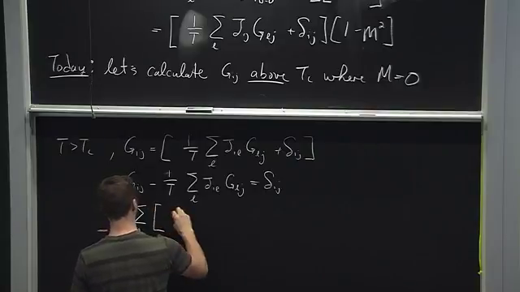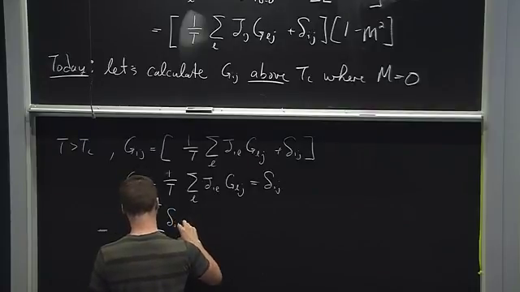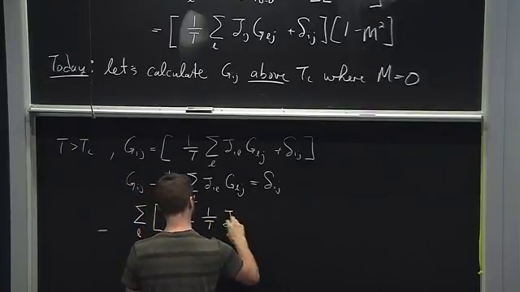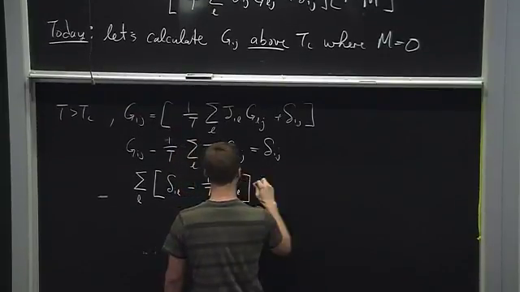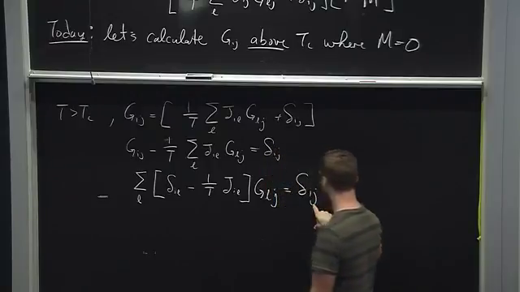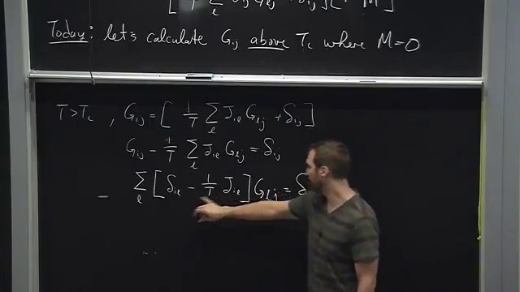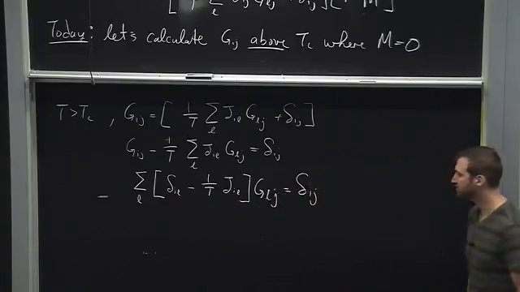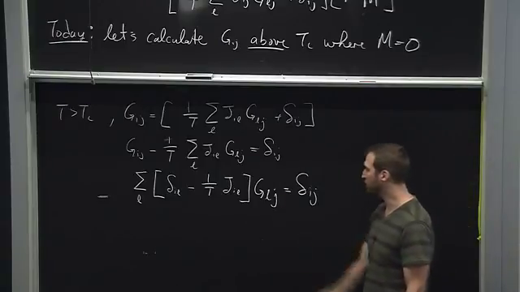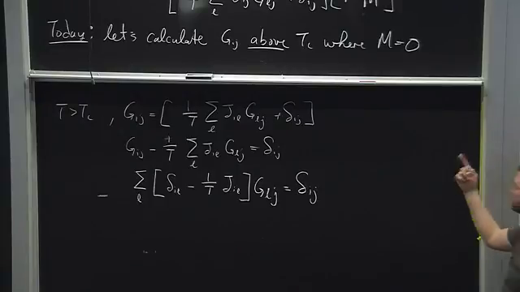This term I'll write as delta_ij. If I have a sum over L, I can write it like this: J_iL, and then this one is L_j. Okay, so I've summed over my L, so the only indices that should be left are i's and j's. I've just factored out that two-point function there. So this is the equation we have to solve, in this case when the magnetization is 0.